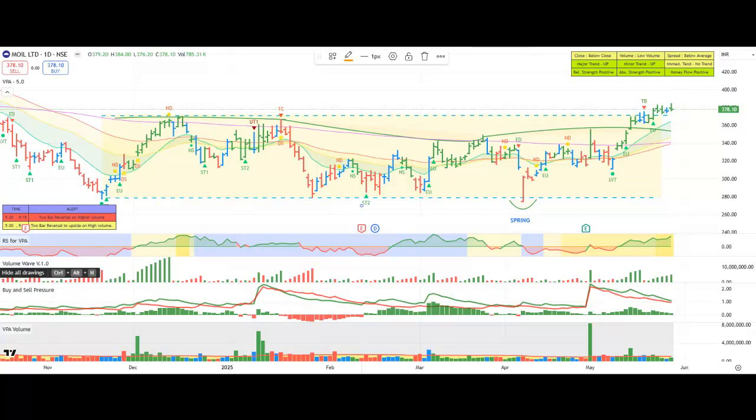As you can see here, initially you can see the big up move here, then some sideways, and there's a typical down move here, and the volumes were also high in those two places. So by the end of this wave, most of the retail holding would be thrown out, and then the smart money can start accumulating here.